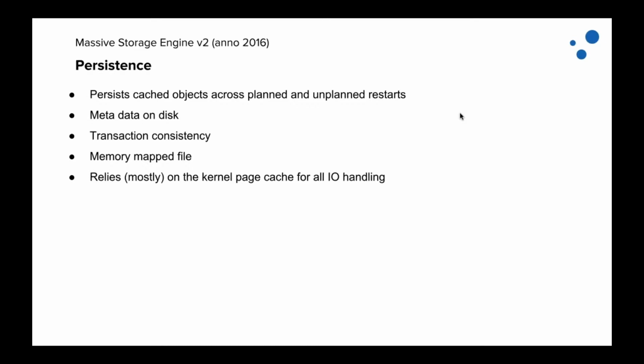Purges or bans being executed should happen as part of a transaction, and upon a restart you would have to make sure that those purged objects did not magically reappear in the cache.